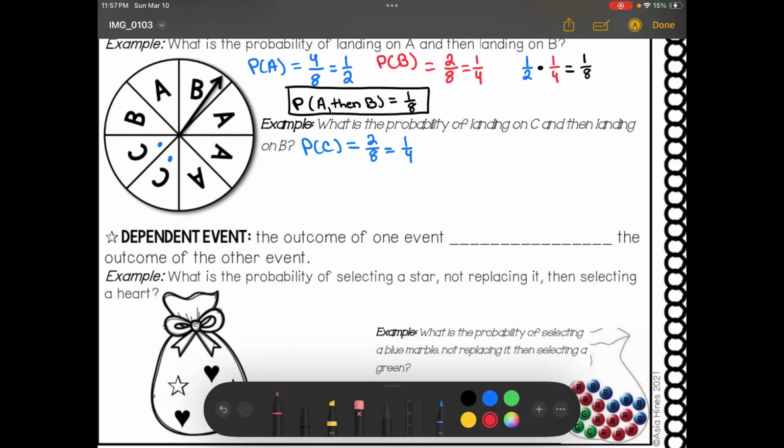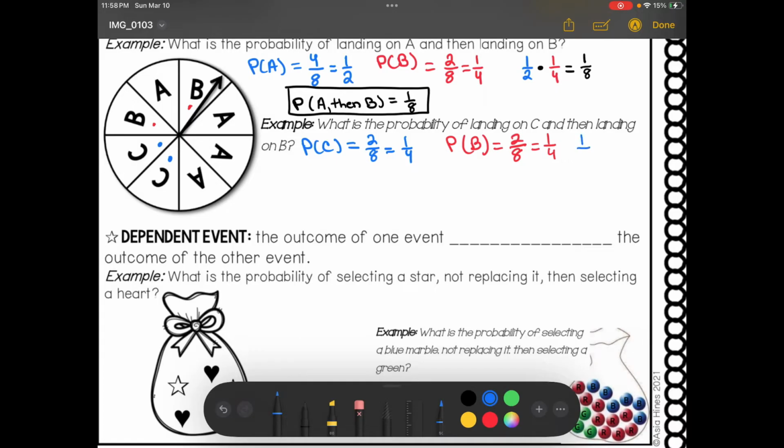Now we need to find the probability of B, which we did up top. We'll count again. There's 1, 2 B's out of 8. So simplify, that's 1/4. And again, compound probability is multiplied.